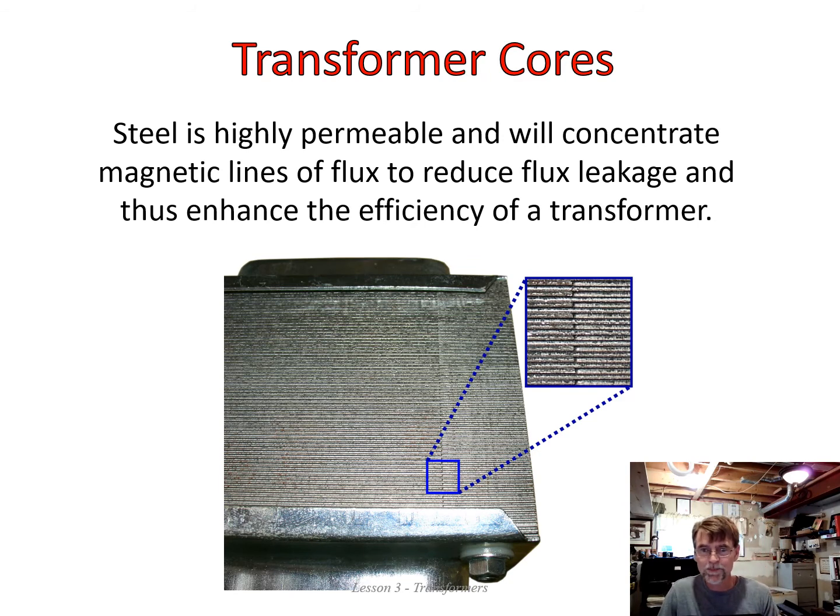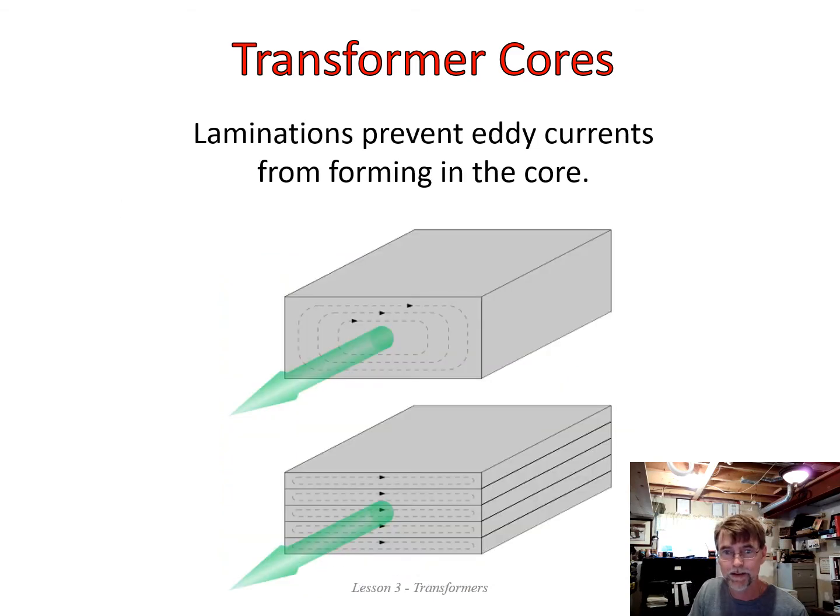Here's a picture of the laminations. This is a real transformer, and we've zoomed in on the core material, and we can see that it's cut into these thin slices. So the iron core concentrates the magnetic lines of flux and reduces the flux leakage, enhancing the transformer. So that's the iron core part of it, and then the laminations. Here we can see eddy currents.